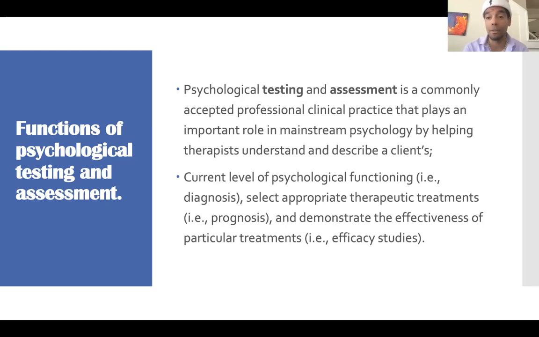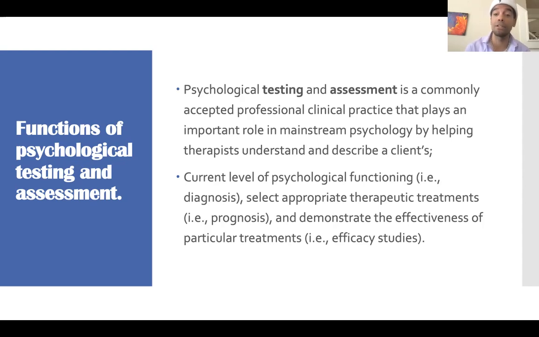Right? So we've talked a bunch about testing and assessment as a way to extract information or data from our client to be able to assist them. And initially, what we do with that data is we make a diagnosis of psychological functioning, often using the DSM-5.